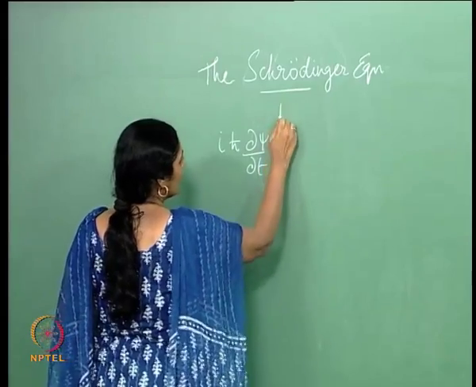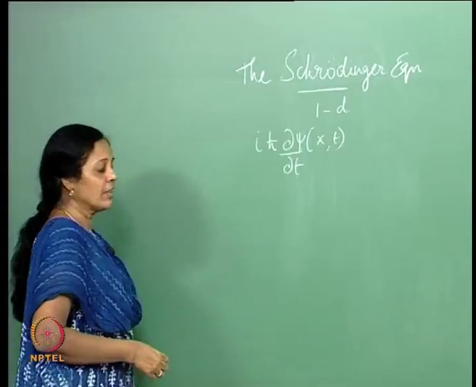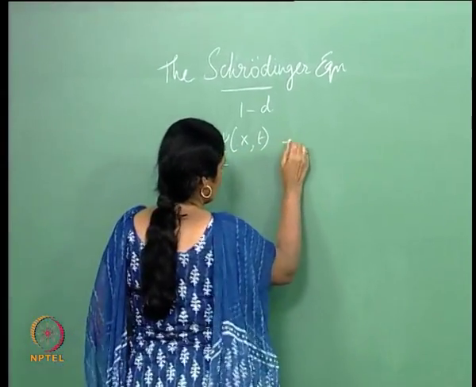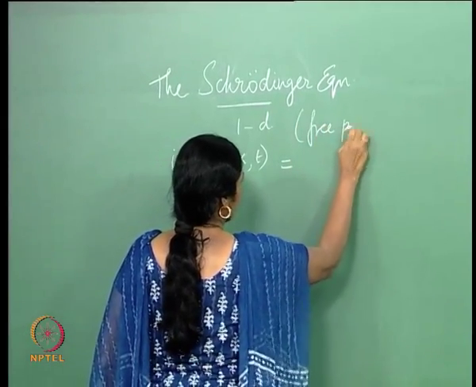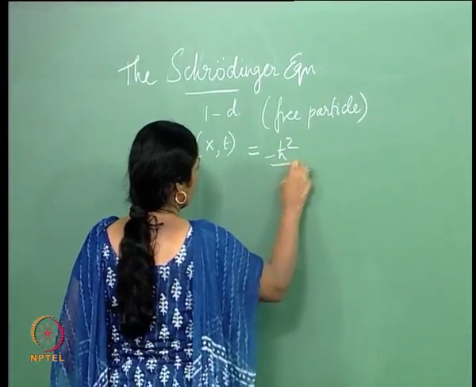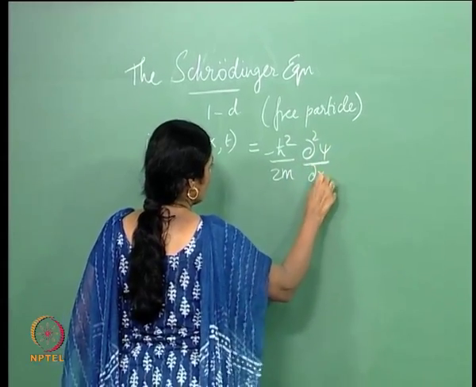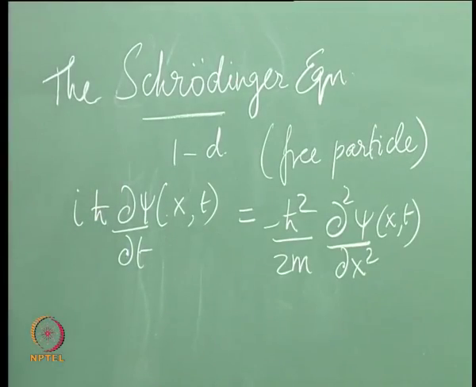We stopped at a point where we said that if psi were a function of x and time, in one space dimension, for a free particle of mass m moving in one dimension, we had this equation, and this allowed for plane wave solutions.